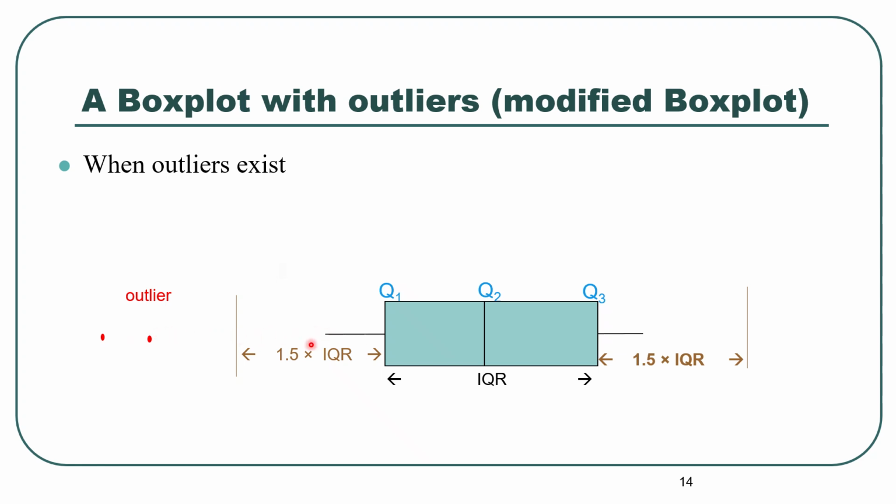We are going to stop the whisker at the minimum value of my data that is within that boundary. So it is not going to extend beyond that boundary, which is 1.5 interquartile range from Q1. So any observations that appear here would be an outlier, and the length of your whisker is going to be modified. While here, if any observation had appeared here, it would be declared an outlier.